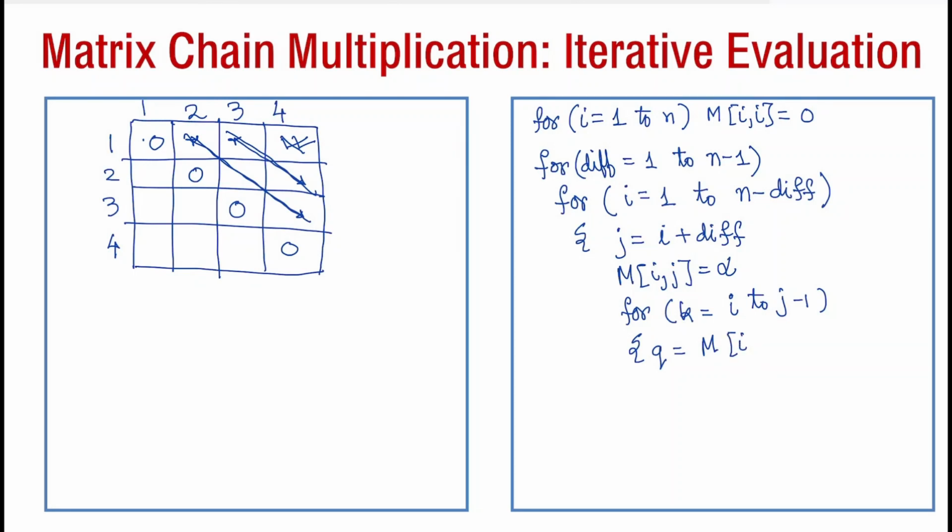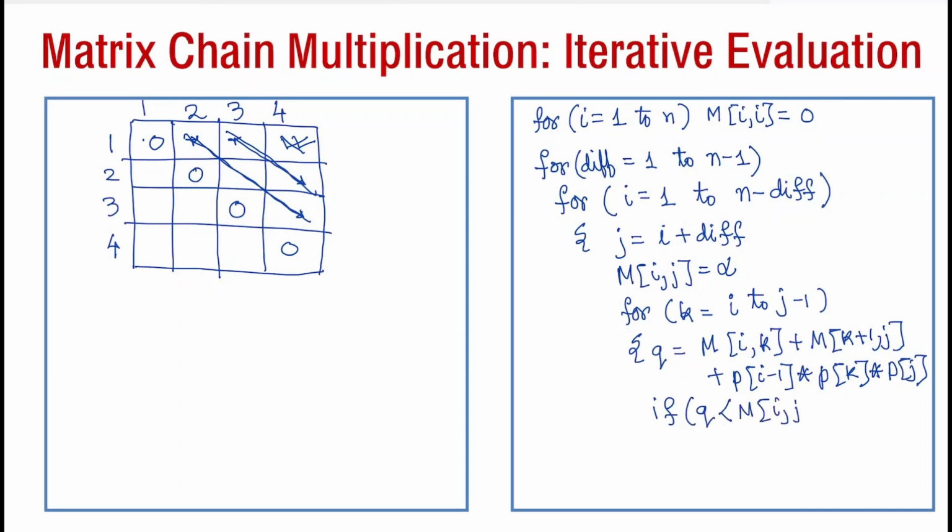Now we don't need to call recursively because we know exactly a pre-computed value exists, plus p[i-1] into p[k] into p[j], and we check if q is less than m[i][j], we set m[i][j] equal to q, and that ends my for statement here.